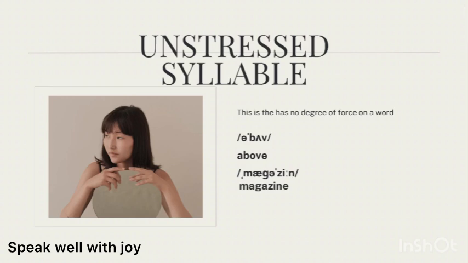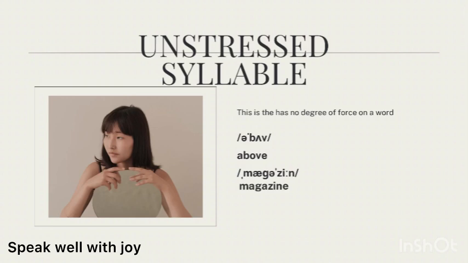And another way to identify a primary stress is the use of the stress mark. Can you see the little stress mark up here in the primary stress? For the primary stress, the stress mark is up. For the secondary stress, the stress mark is down. And the stress mark comes before the syllable itself. Before writing the syllable, the stress mark comes before it.